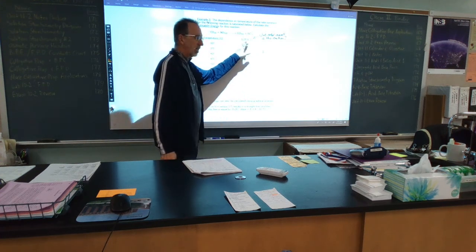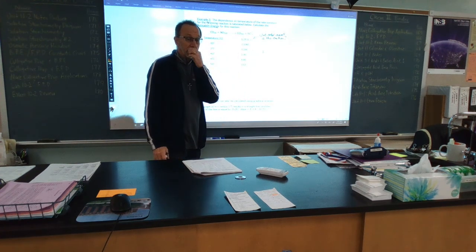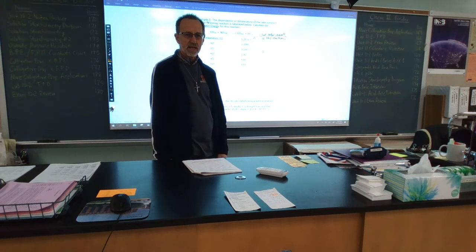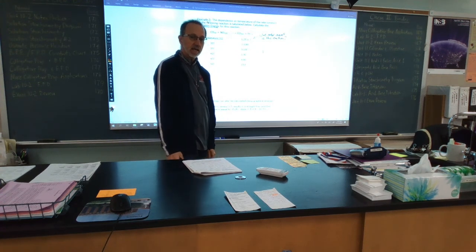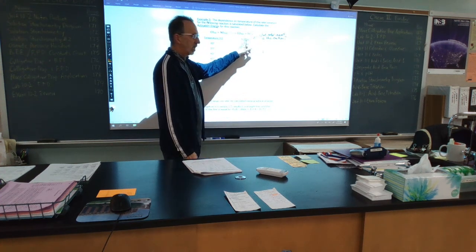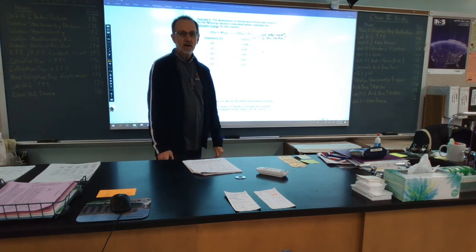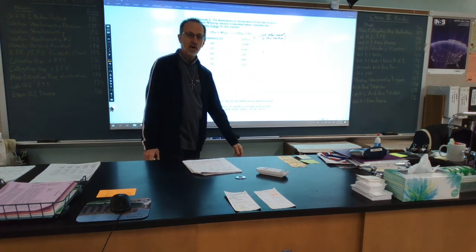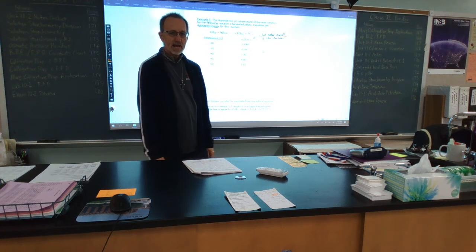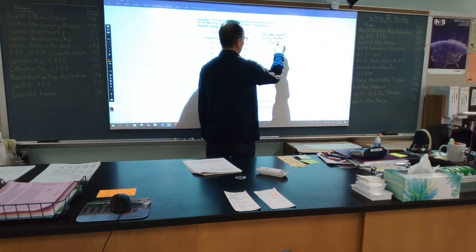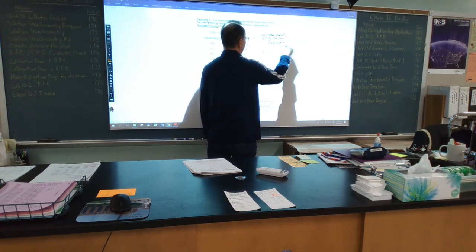If you look at the unit for this rate constant, I showed you how to do this the other day, but we also ended up showing you a shortcut as to how to determine the unit for the rate constant. And that is by looking at the absolute value of those two exponents added together. If you take -1 and -1 and add them together, the absolute value of that is 2. And so this is a second order reaction.